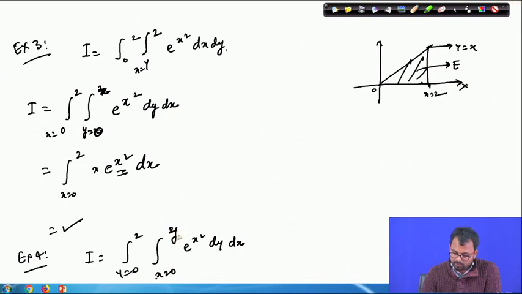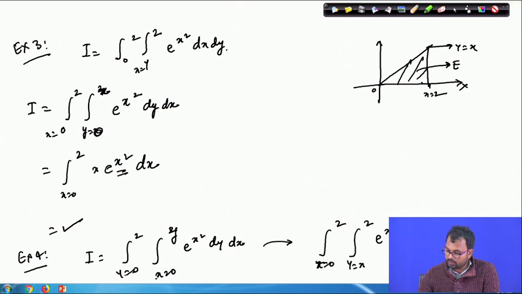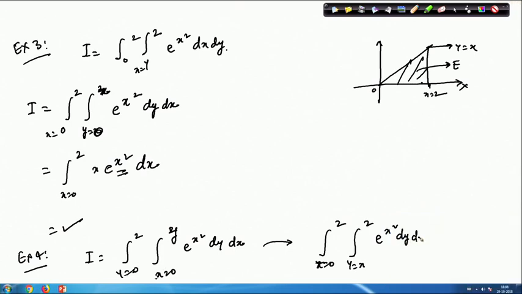then if we change the order of this integral, it would convert to the integral with x running from 0 to 2, and y running from x to 2, e to the power x square dy dx, and then this will reduce to the integral from 0 to 2 of 2 e to the power x square minus x e to the power x square dx, which is a rather complicated integral to evaluate compared to the other integral.